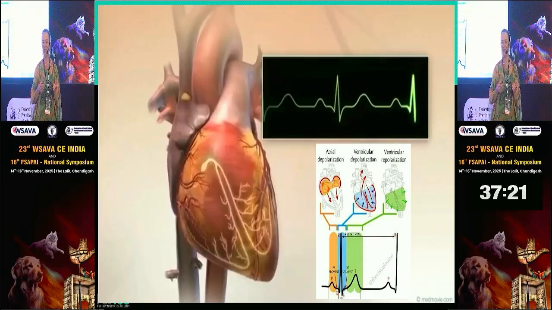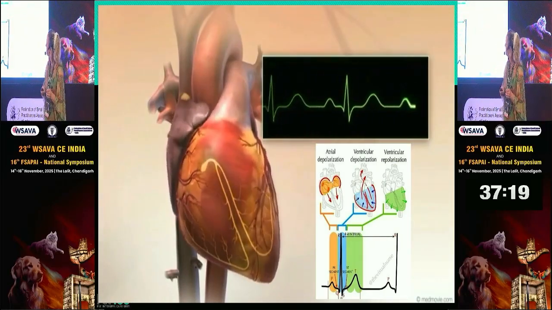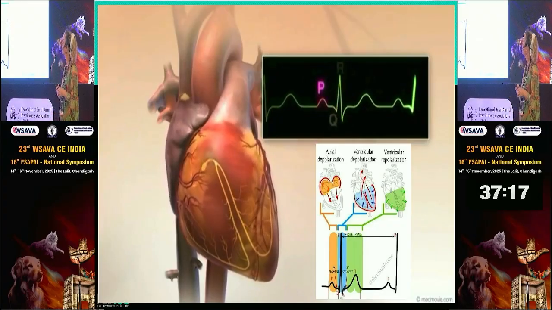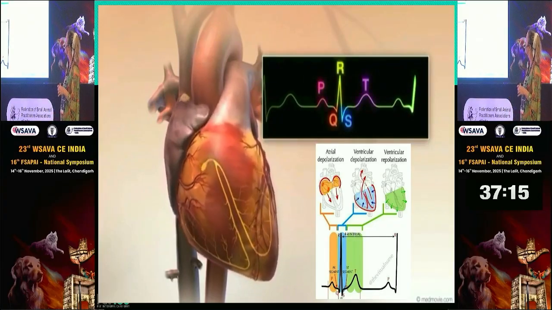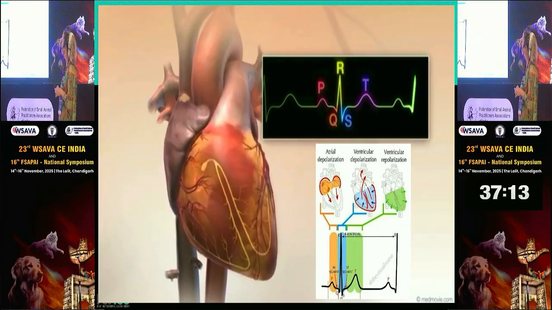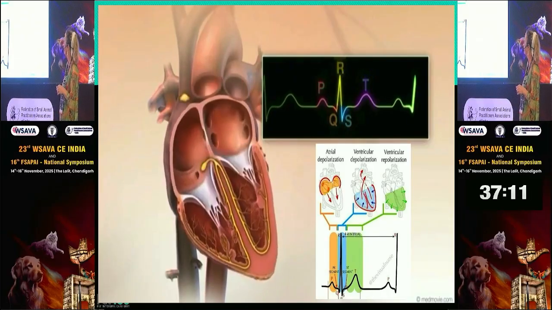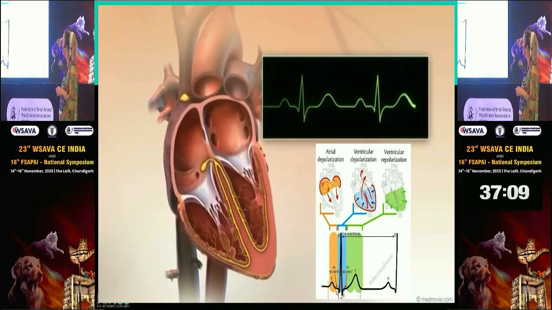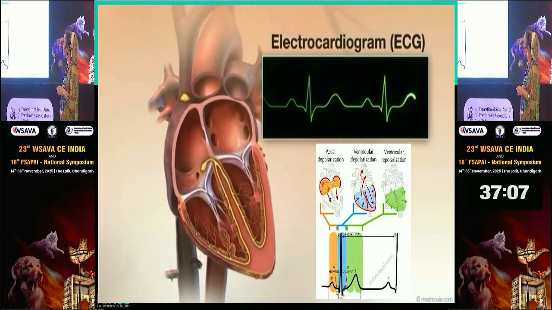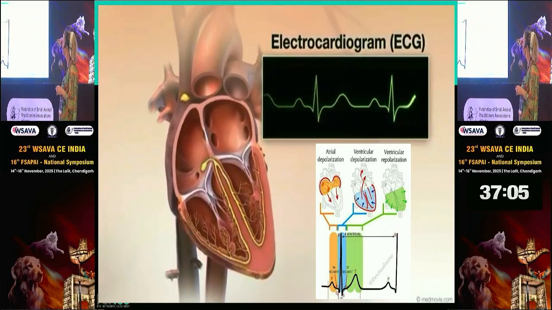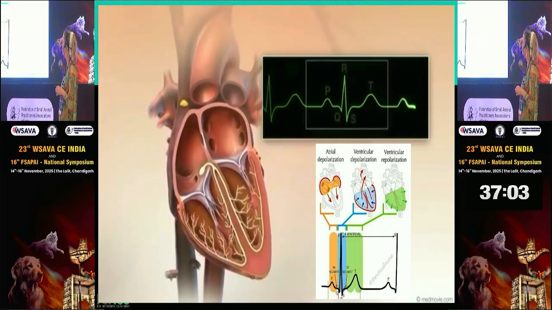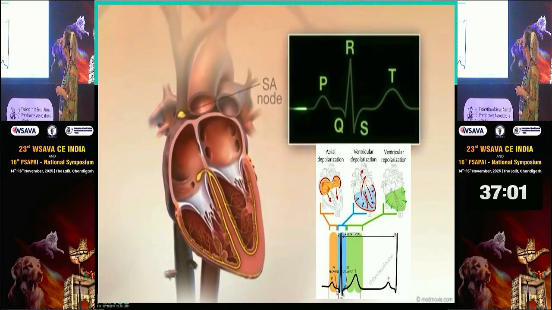So this is just a short video. Heartbeat produces a regular identifiable pattern, the P wave, the QRS complex, and the T wave. These segments show the electrical activity of specific parts of the heart. The normal pattern of electrical activity that is seen on an electrocardiogram, or ECG, is called a sinus rhythm. The SA node is the normal pacemaker of the heart. It begins the heartbeat by producing an electrical signal.